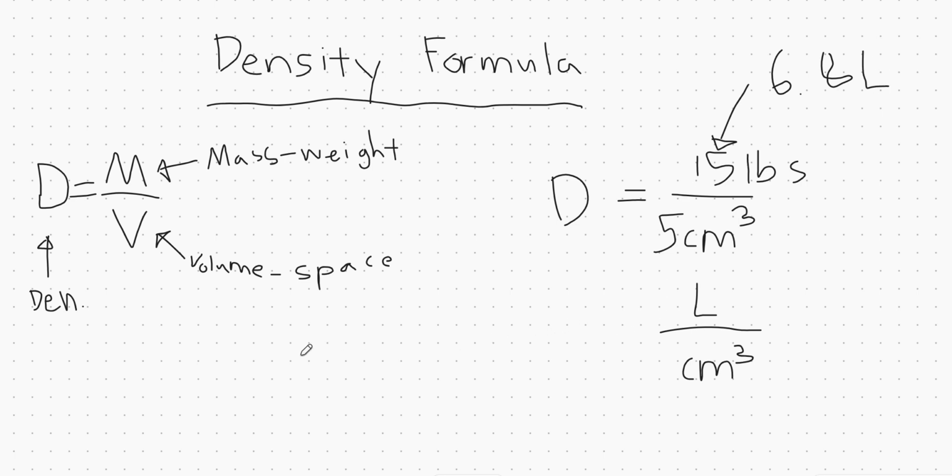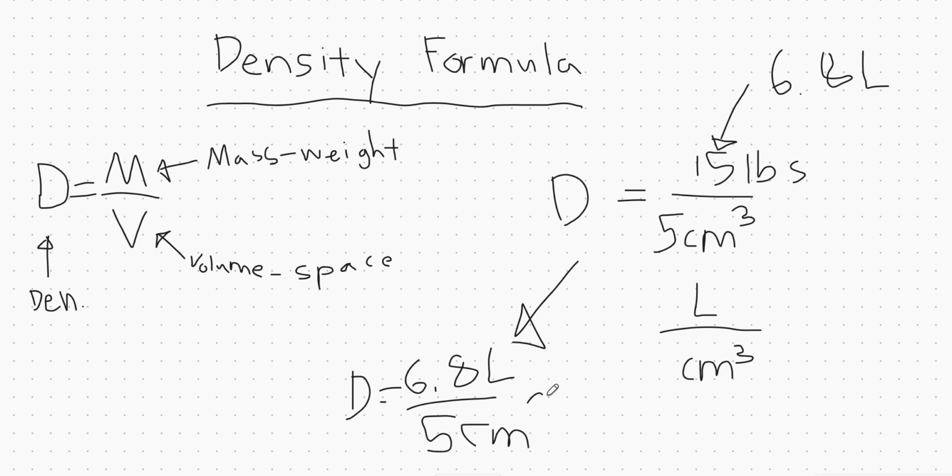So, referring back to our equation, our density is equal to 6.8 liters, never forget the unit, divided by 5 centimeters cubed. And when we plug this into our calculator, and we do 6.8 divided by 5, we get that our density is approximately 1.36.